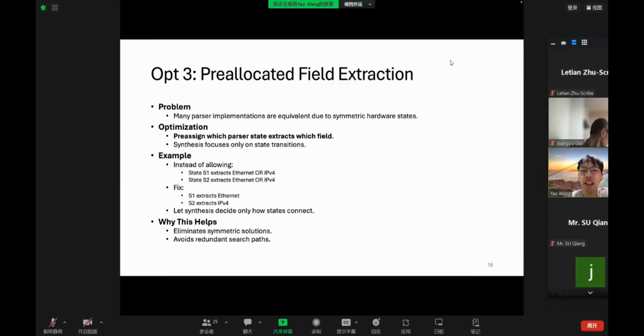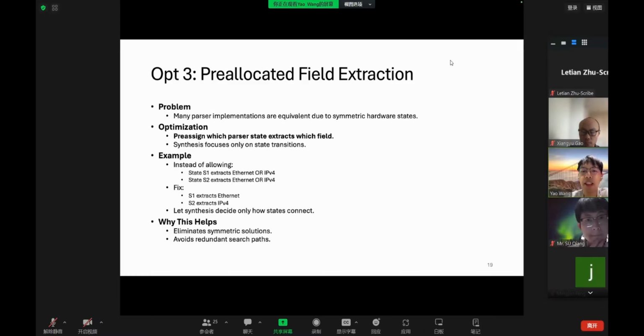Next, it addresses structural symmetry in parser implementation. In many hardware architectures, multiple parser states are functionally equivalent. This means the synthesizer may waste time exploring solutions that are identical except for where a field is extracted. To avoid this redundancy, ParserHawk pre-allocates field extraction to specific states before synthesis.